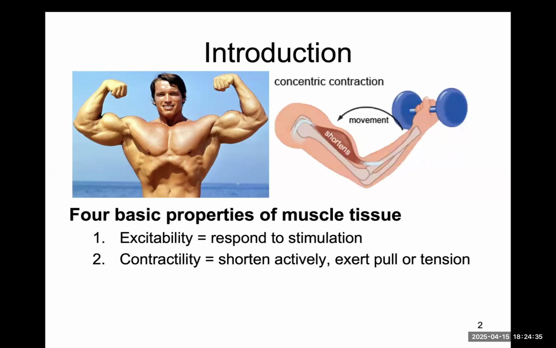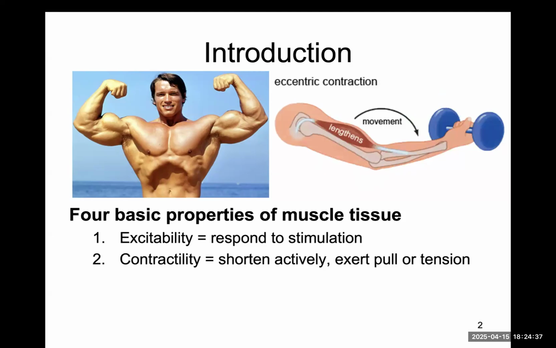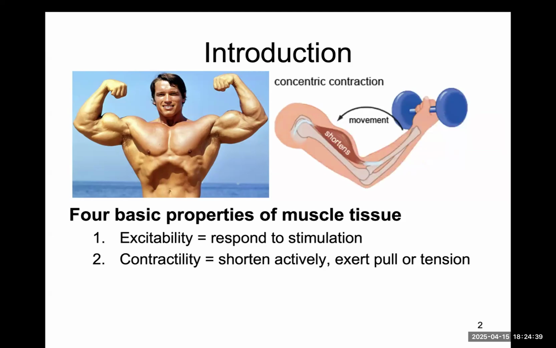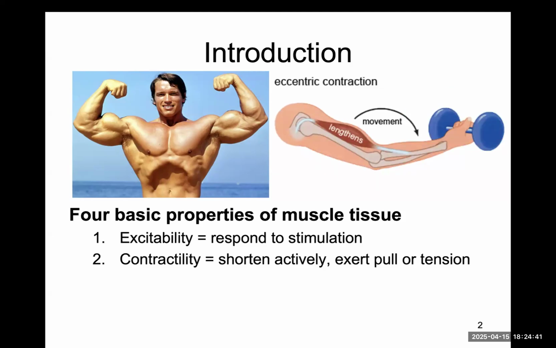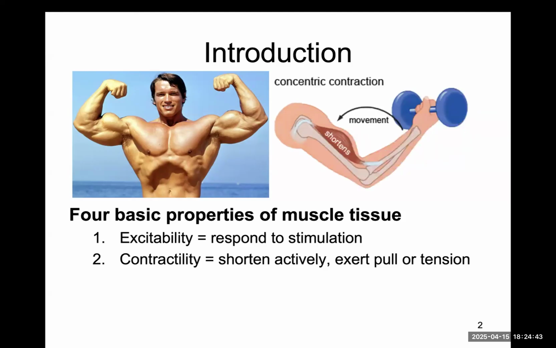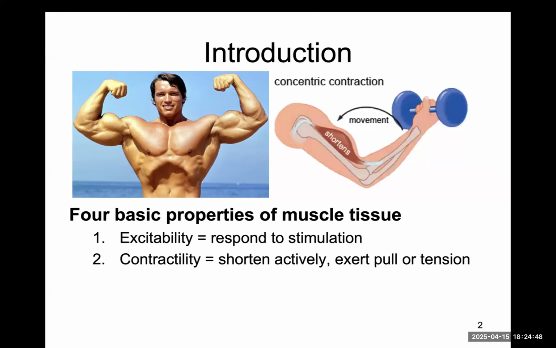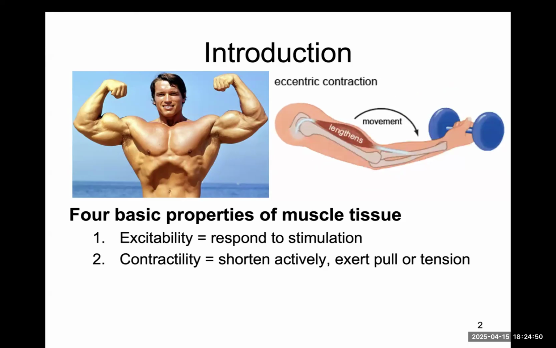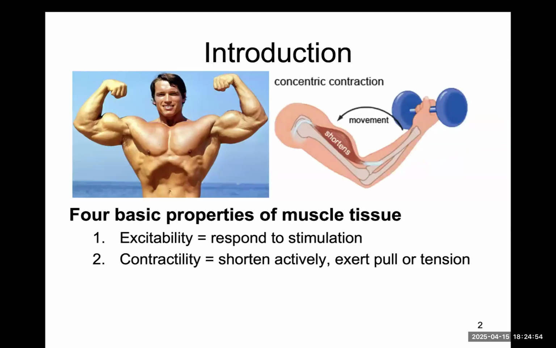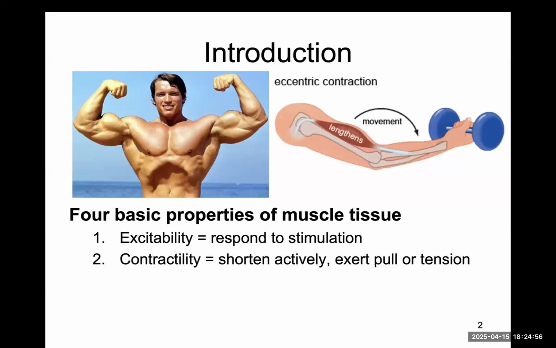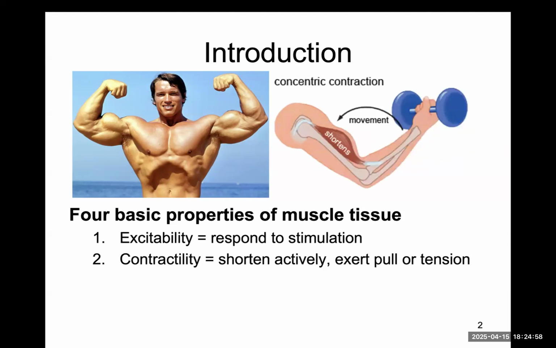A very unique characteristic of these cells is that they can shorten, and depending on how long the fibers are, they can contract over a long range or short range, and they can go back to their original length after they're done contracting. So that sounds pretty simple, but in reality, this is not magic.